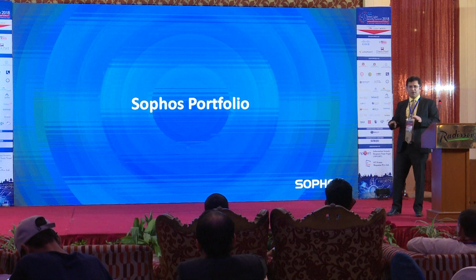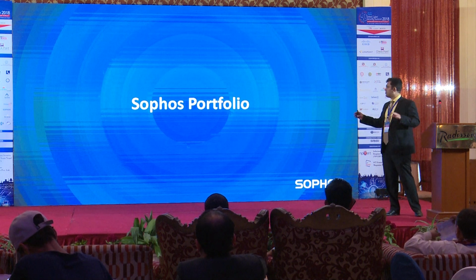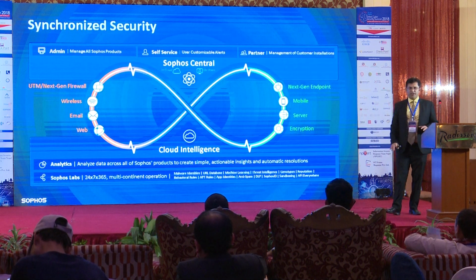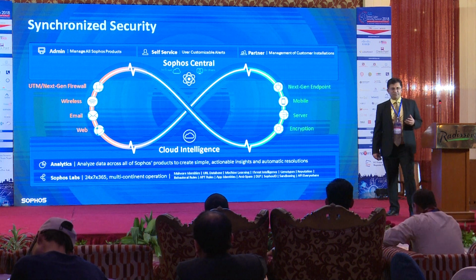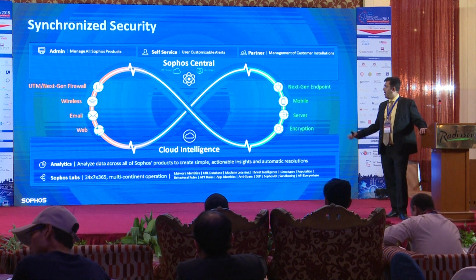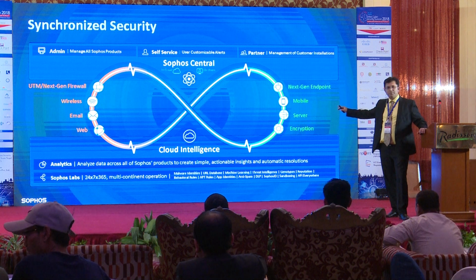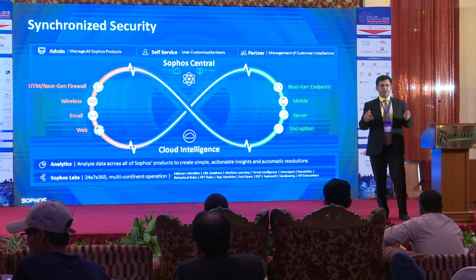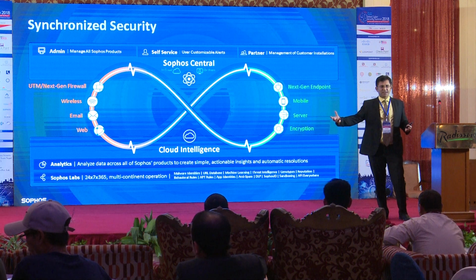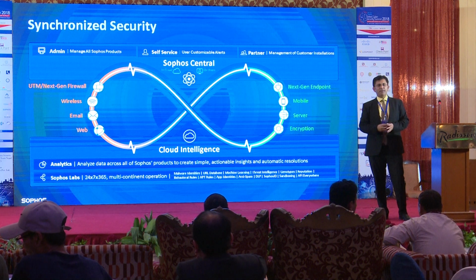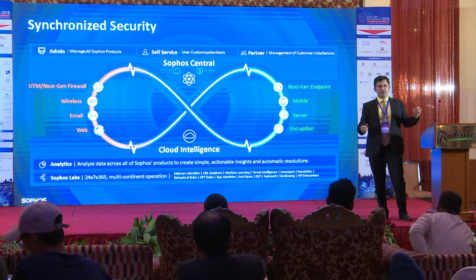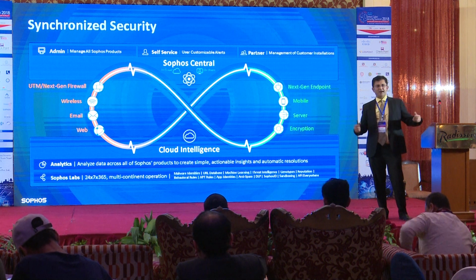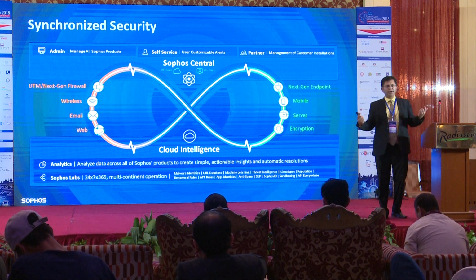Apart from that, I'll just go quickly through what Sophos has been developing in the last few years, and our main product which we are now focusing on is synchronized security. That is, you have your perimeter security, which is our UTM appliance, and you have the endpoint security, which is your antivirus. Both of them are talking to each other.